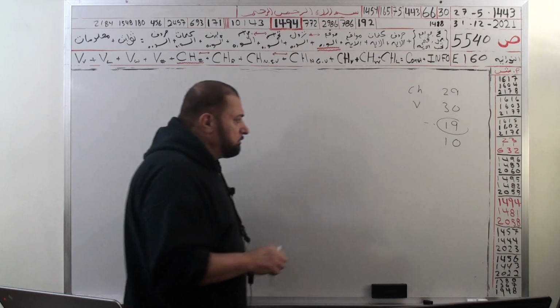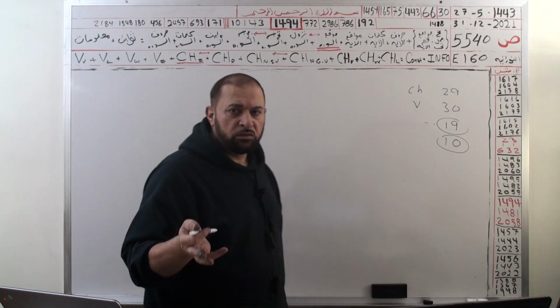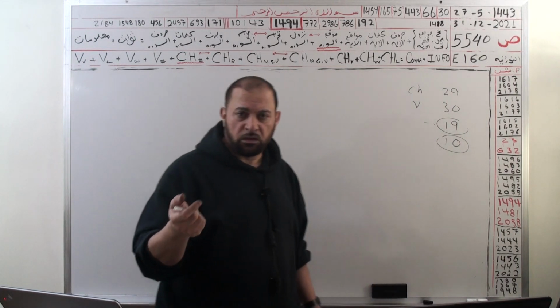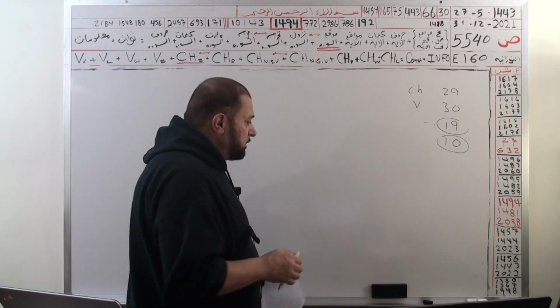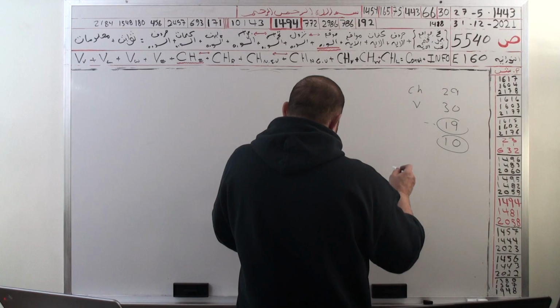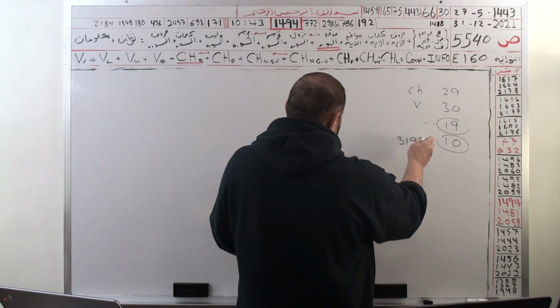So these 10 verses over here: Yunus first, Hud first, Yusuf first, Ra'ad, etc., Noon, Qaf, Sad, etc. There are 10 of them. So you get 3,198 for serial value.